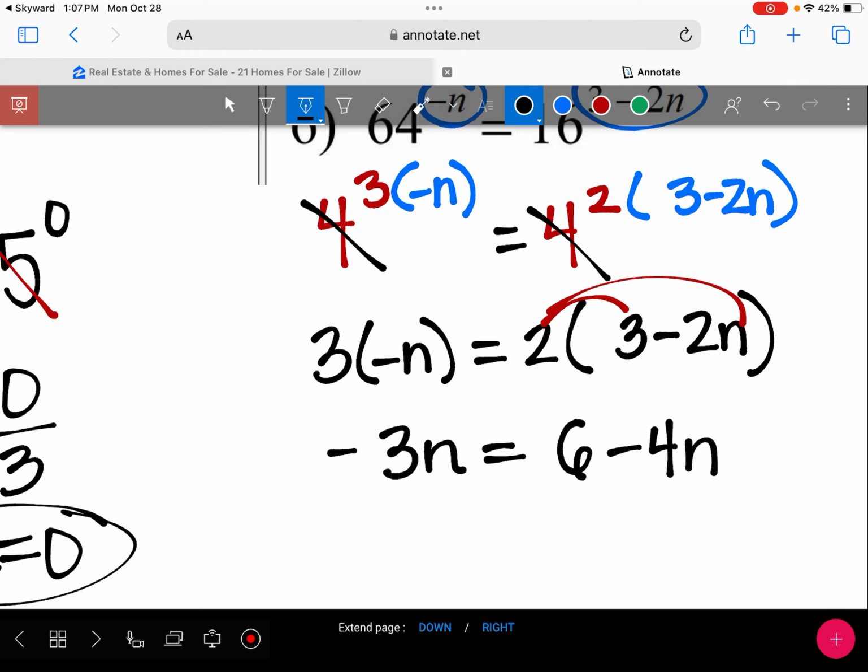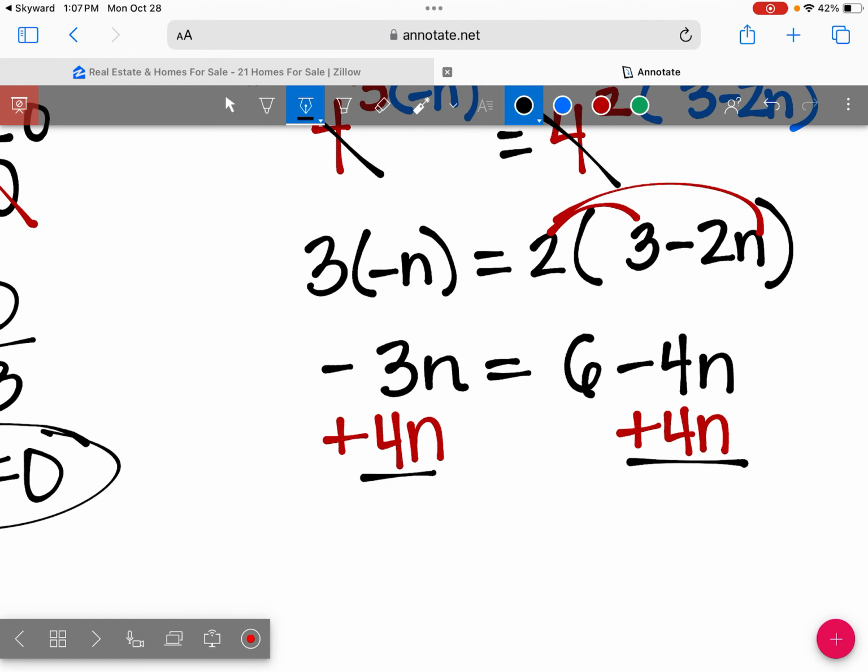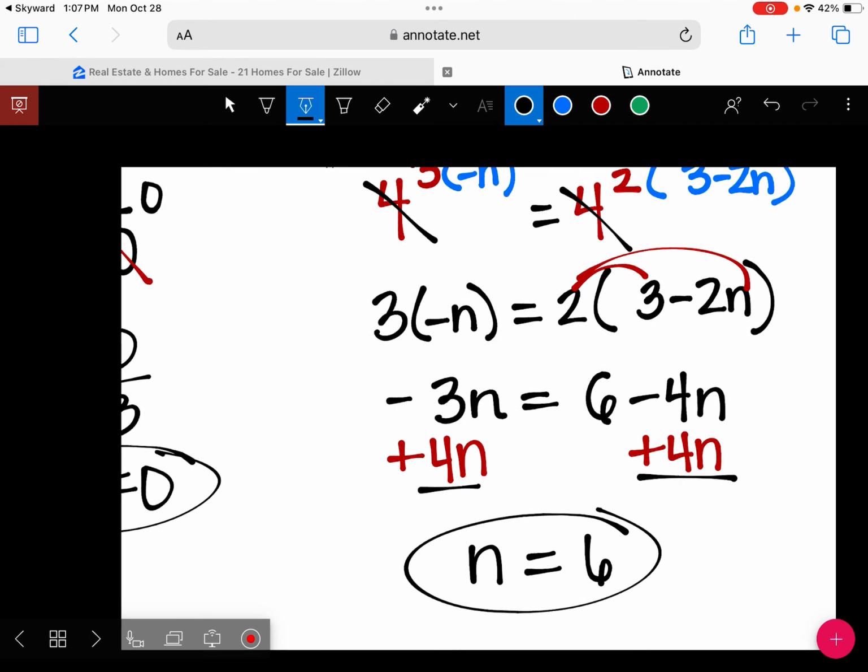What did you all get? 6. Anybody else get 6? Raise your hand if you got 6. Okay. So I would add the 4n to both sides. Which is going to give you n equals 6. And that would be your answer.